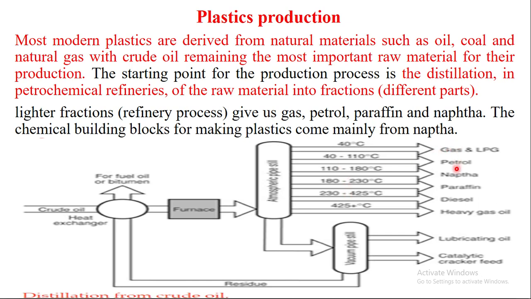From top to bottom the molecular weights increase; at the top, the molecular weights are low. So the gas materials have a low molecular weight and are available at small temperatures, around 40 degrees Celsius.